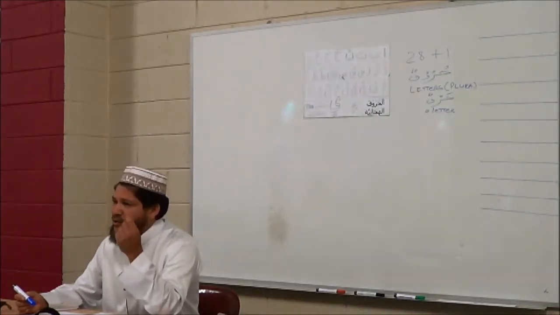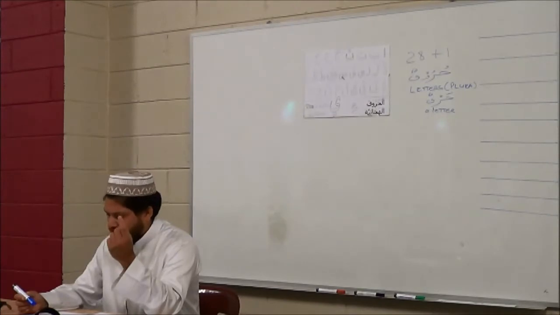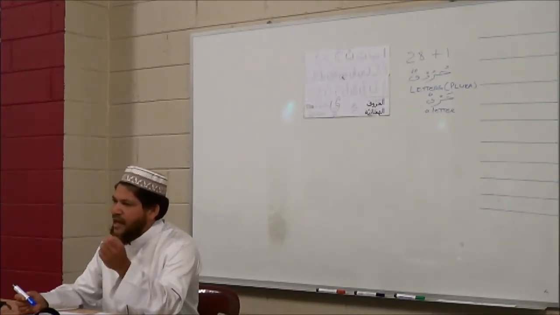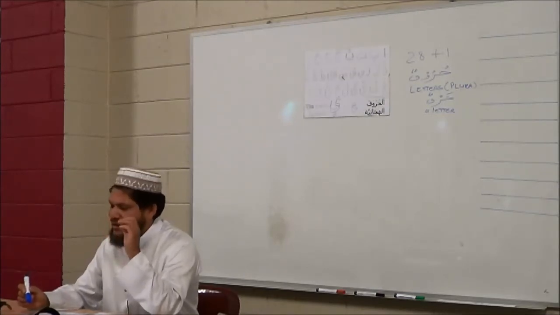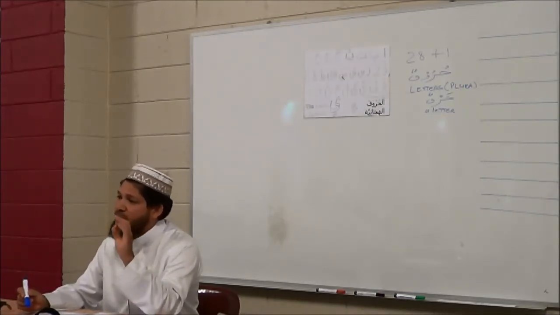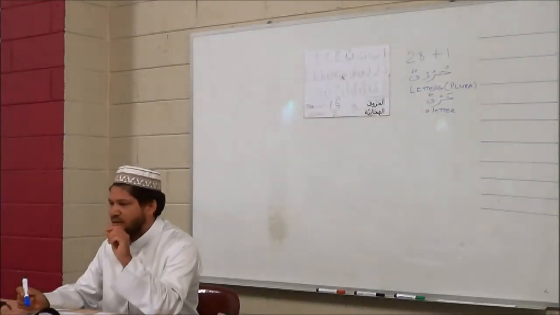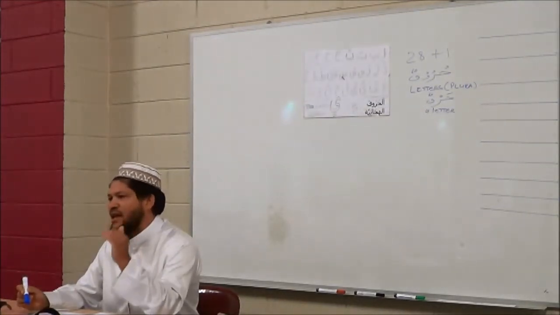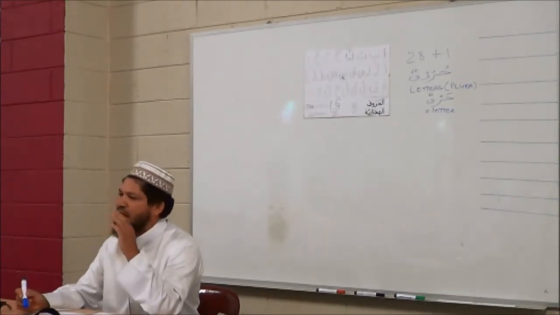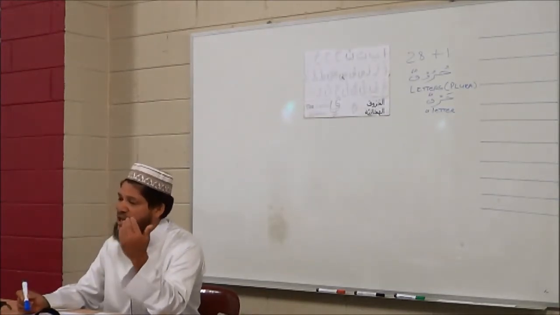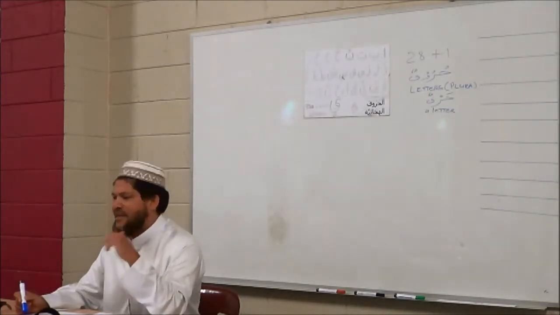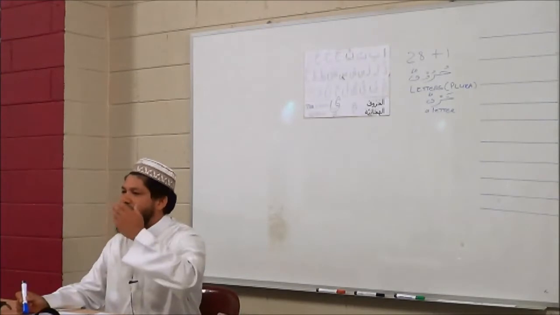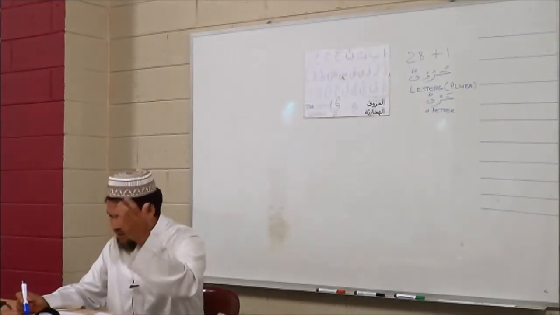The one letter is called the alif, and the alif cannot carry its own sound, and the alif is primarily used to extend the sound of the letter preceding it. That's why we get a ba with a fatha and an alif attached to it. Ba, ta, tha, and so forth and so forth.